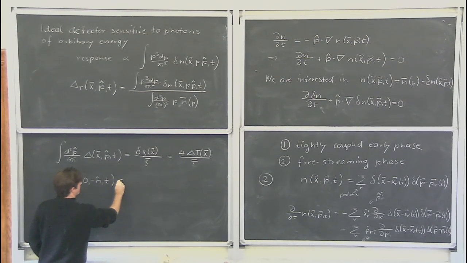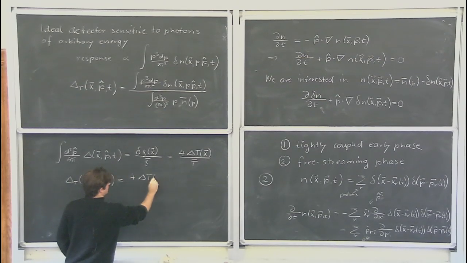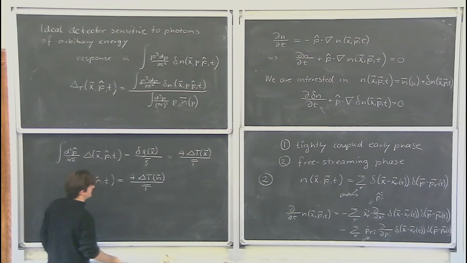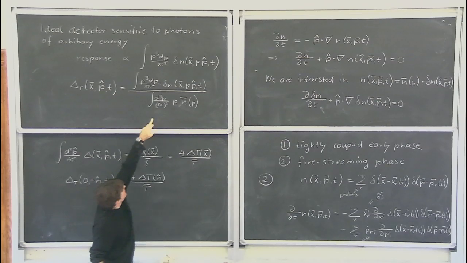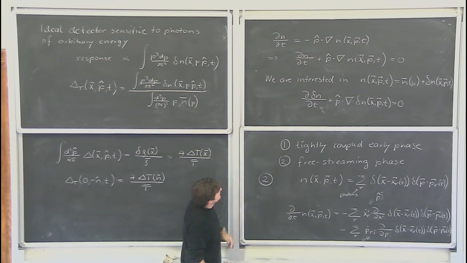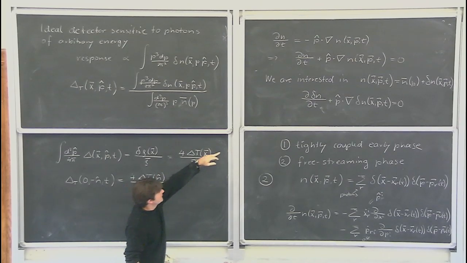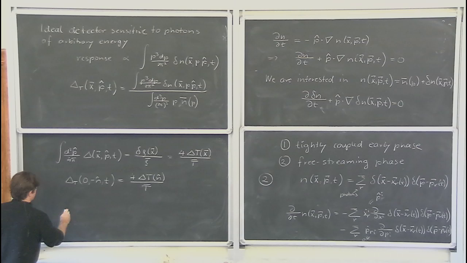This is just equal to 4 times delta T, the temperature fluctuation in the n hat direction, divided by T bar. And if you look at how this quantity is built from the perturbation of the phase space density, you see that it will obey the same equation.